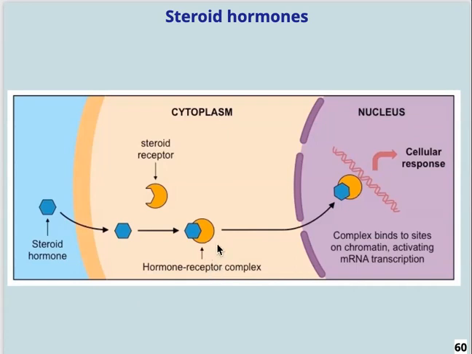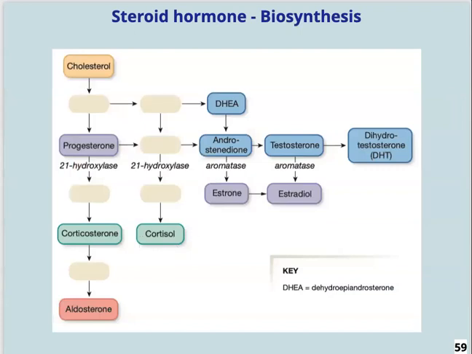And this activated complex will move into the nucleus and bind directly to DNA, where it can serve as a transcription factor for gene expression. Examples of steroid hormones include those produced by the gonads, estrogen, progesterone, testosterone, but also the few we mentioned on the previous slide, aldosterone, as well as cortisol.